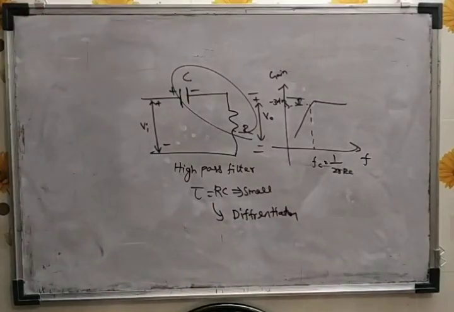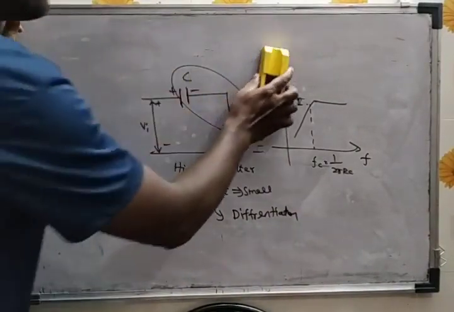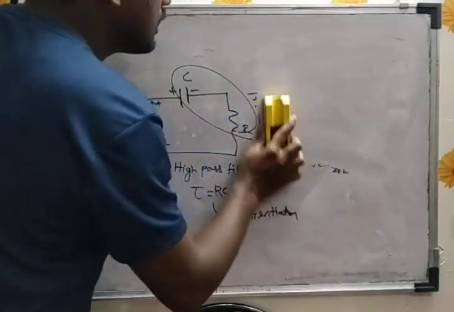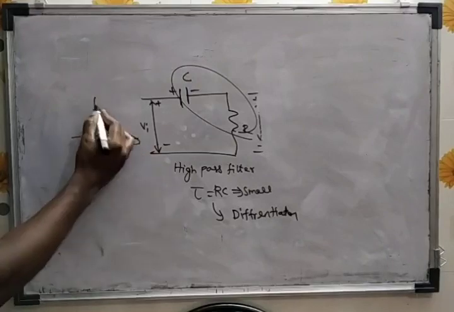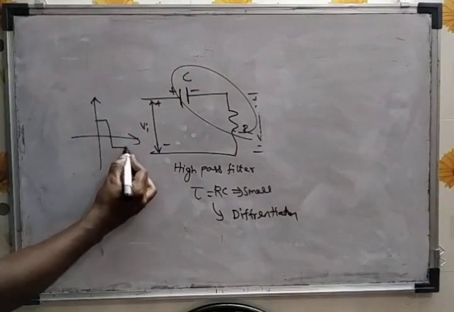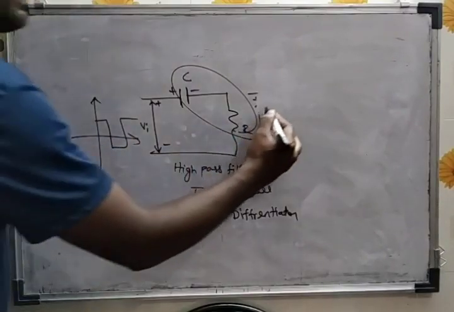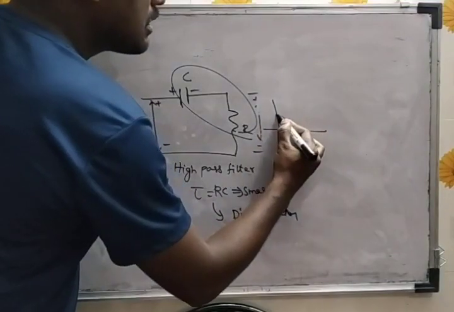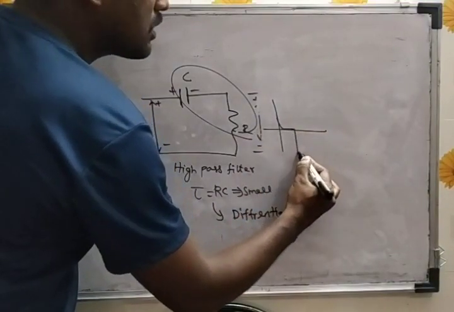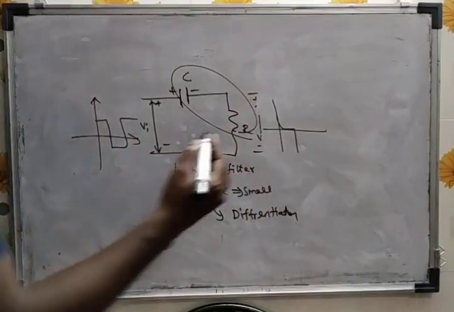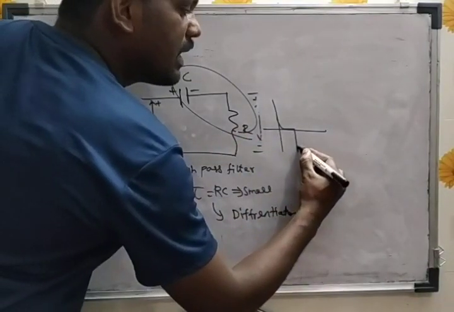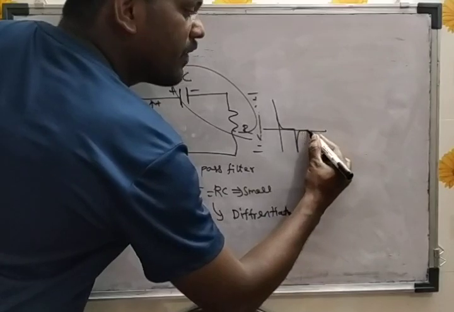For the differentiator circuit, if we give a square wave input, you will get a spike waveform. Almost you will get an impulse signal. It looks like a narrow spike waveform.